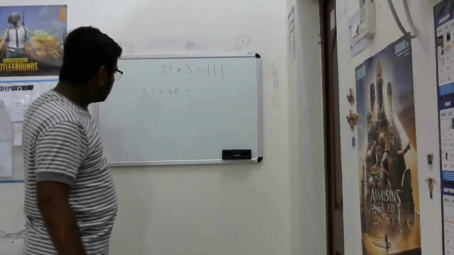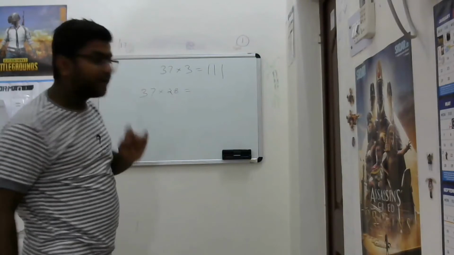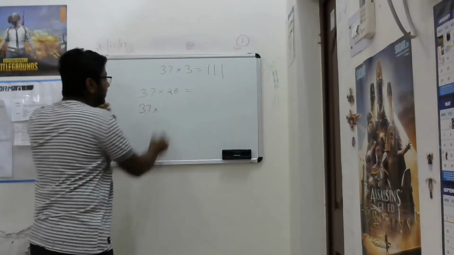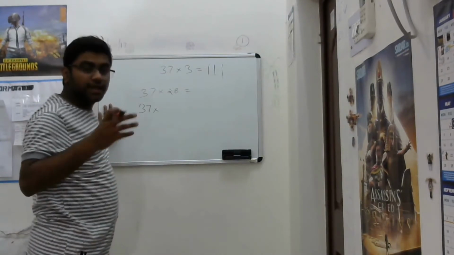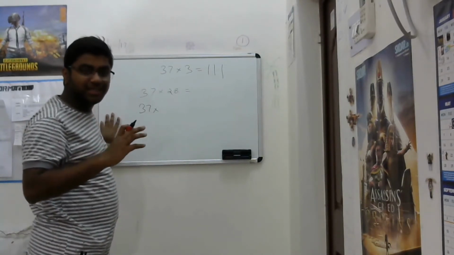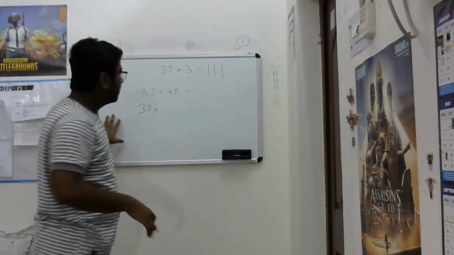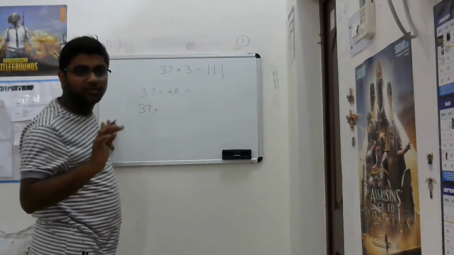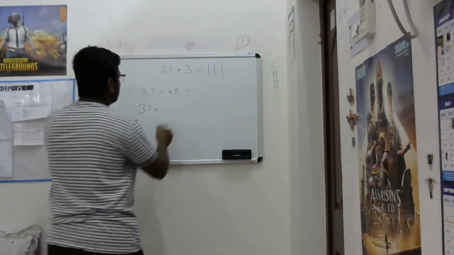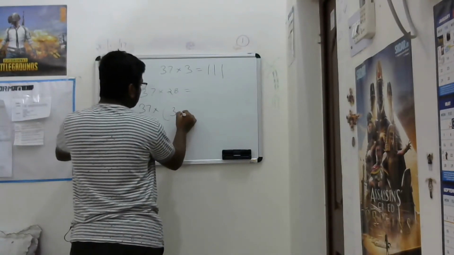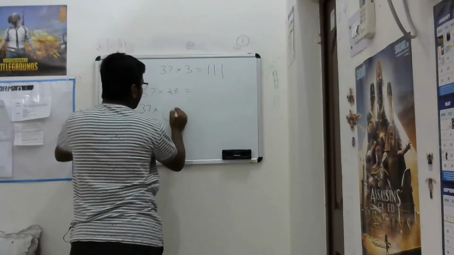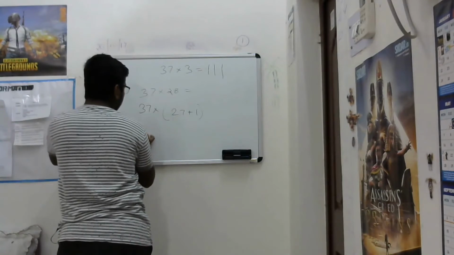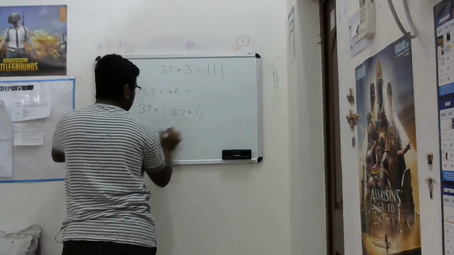Okay. No, not the traditional calculation system. What you do is break this 28 into a multiple of 3 plus something or minus something. Like 28 is near to 27, which is a multiple of 3. So I can write it as 27 plus 1. Now I can write it as 37 into 27 plus 37.